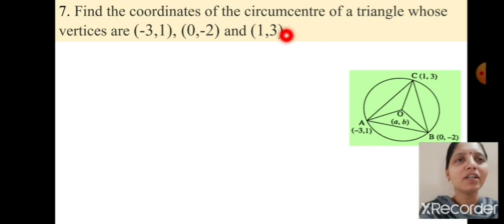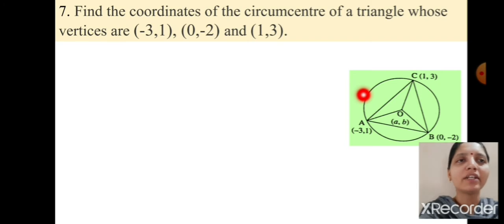Now circumcenter is nothing but the center of this triangle, and this point O is the center of the triangle. And also if you draw a circle passing through this triangle ABC, then this point O is the center of this circle also.